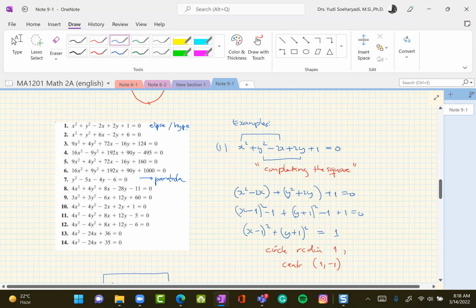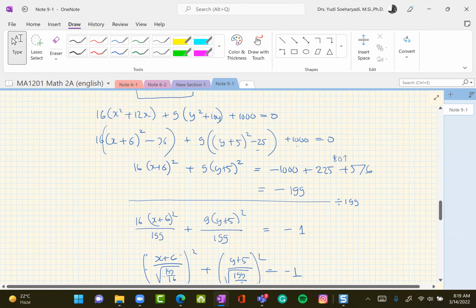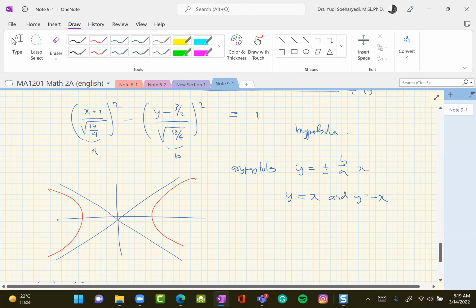Some are maybe not. Some maybe just have no solutions at all, or just points like this one. Only points. Okay. So basically, this is from section 11.1, 11.2. This is what you need.